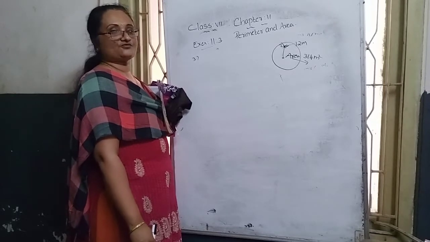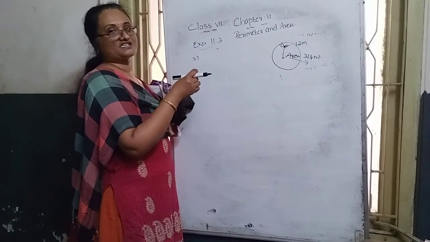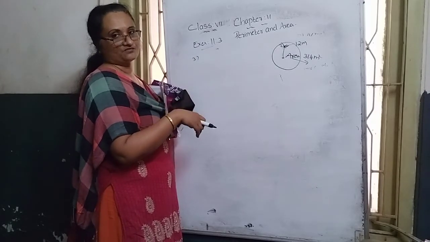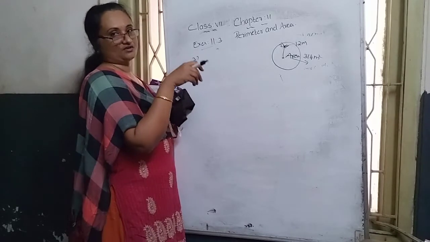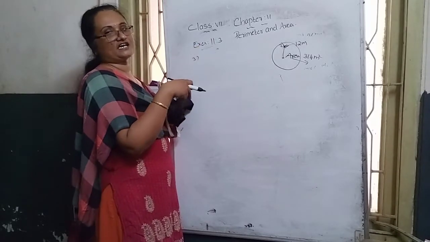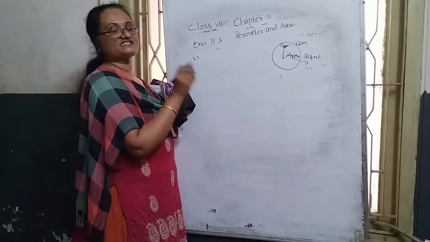So how do we identify it? If the sprinkler area becomes more, we can say it is possible. So first we want to find the garden area, afterwards find the sprinkler area. Then which area is more? If the sprinkler area is more, we can say it is possible.